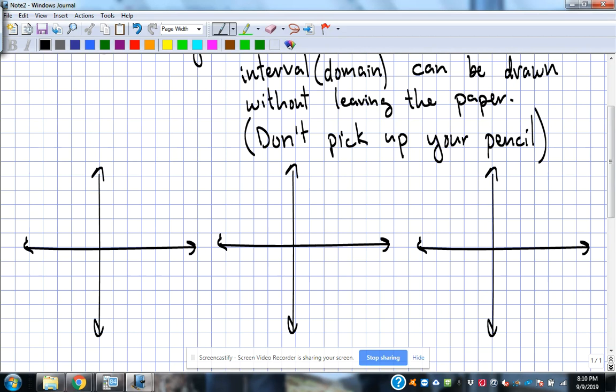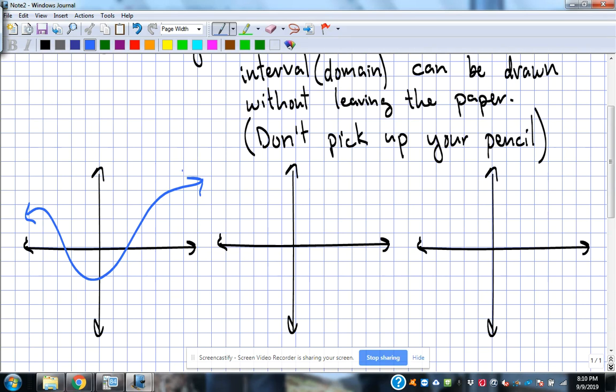So here's an example of a continuous graph. I didn't pick up my pencil at all as I drew that. You could trace that along without picking up your pencil. That is a continuous graph.